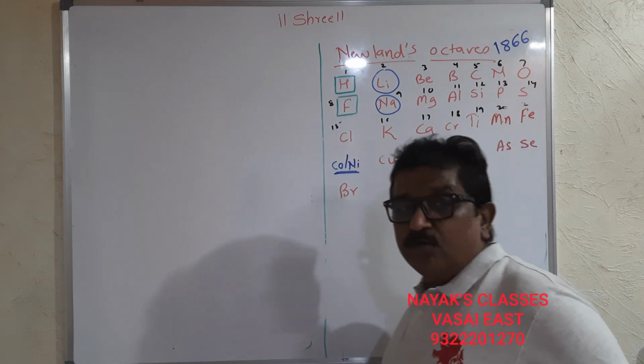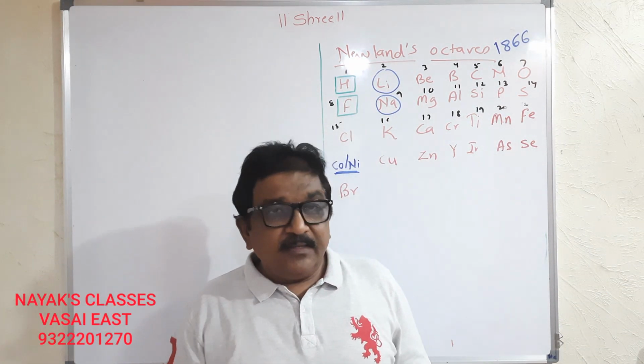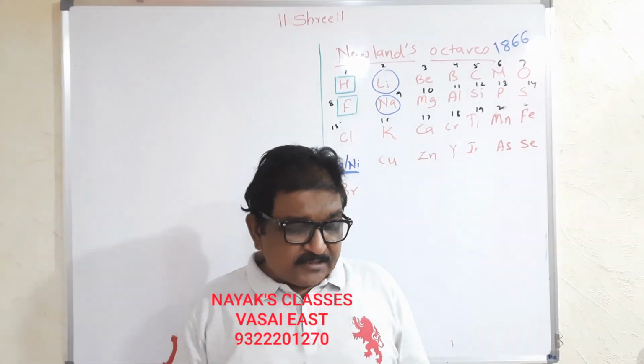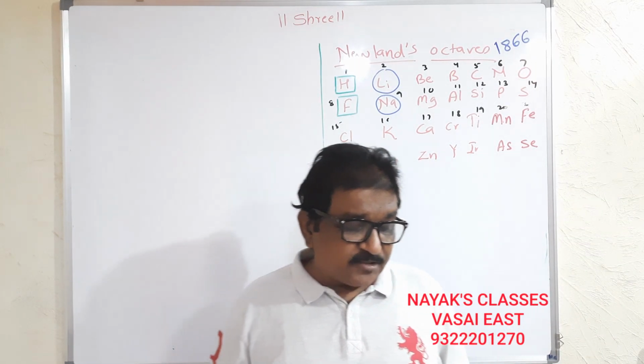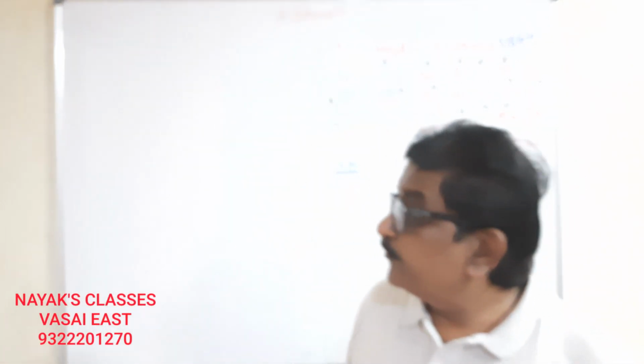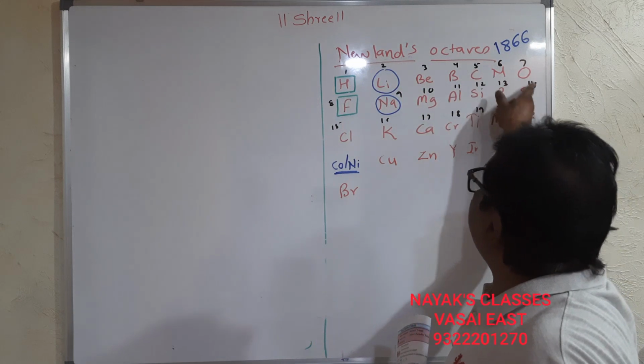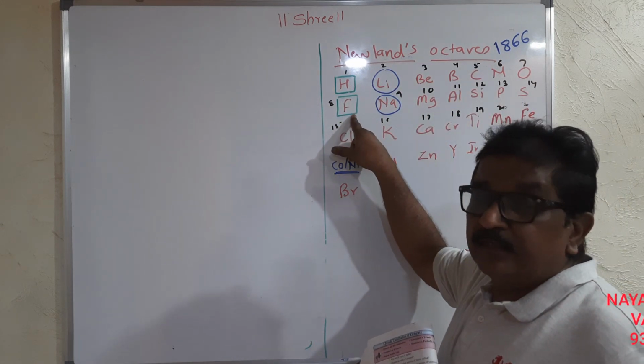So in the last video we have learned about Newland's octaves, and now the next topic is his own thing, that is octave. From H, the eighth element is fluorine.